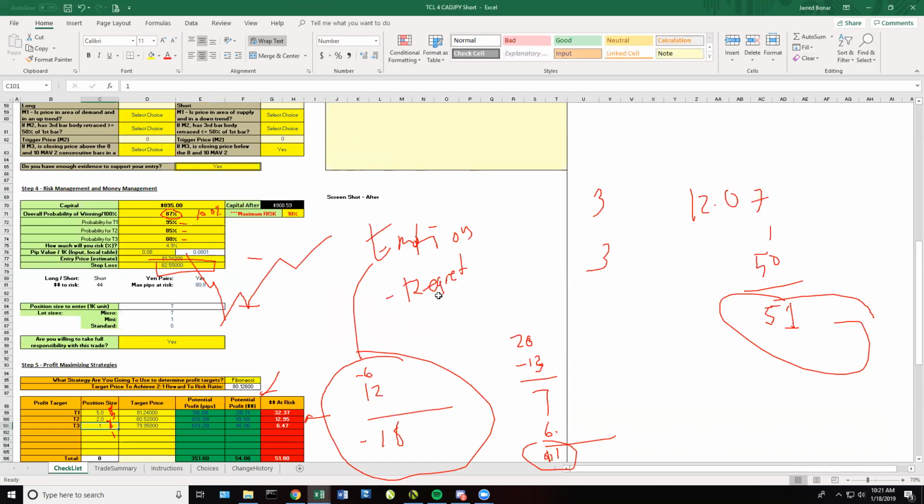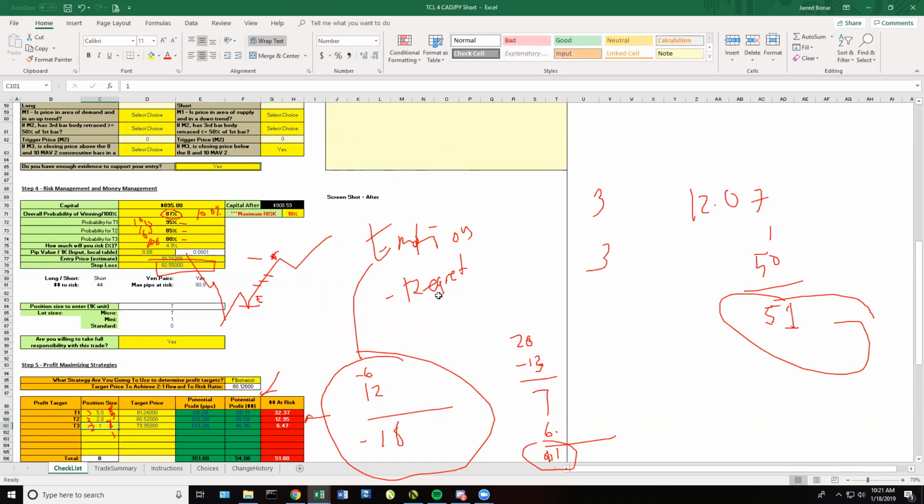Here's your entry, and you know that it has to create a new higher high right there. So if your overall probability to create a new higher high is 100%, then to go to T1, T2, T3, all of them are 100%. Then you can do that by doing, say, 3, 3, and 2, or 1.